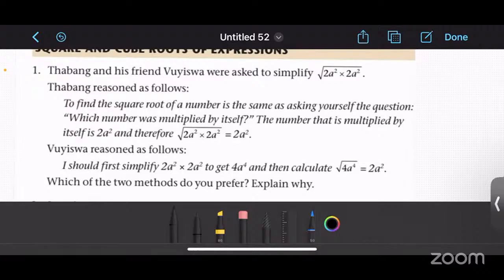Now they're asking which of the two methods do you prefer and explain why. Let's start with you, BCC. Between Vuiswa's method and Tabang's method, which one do you prefer and why?